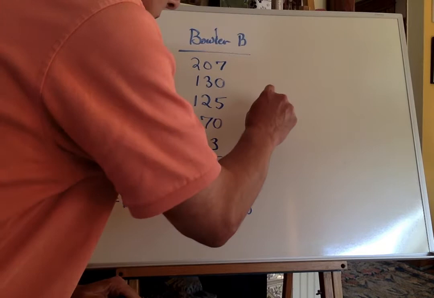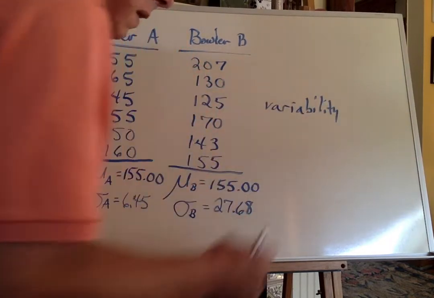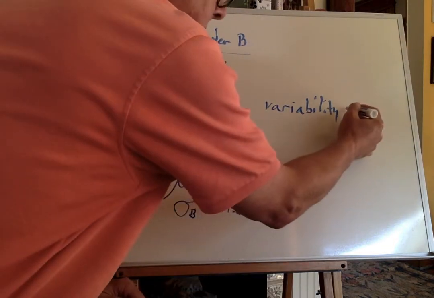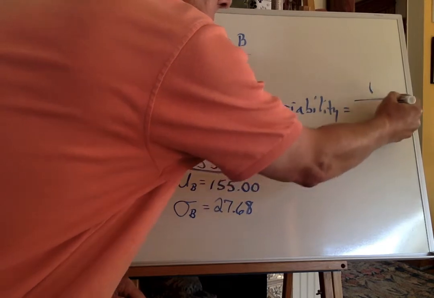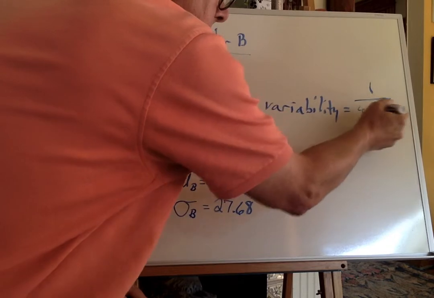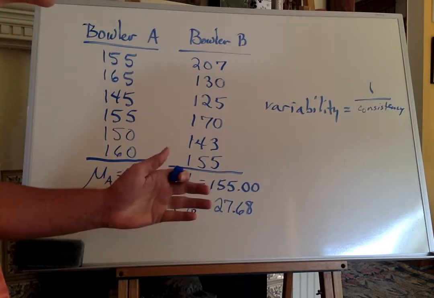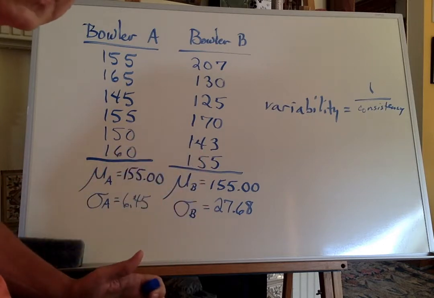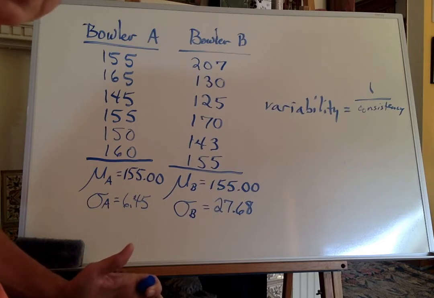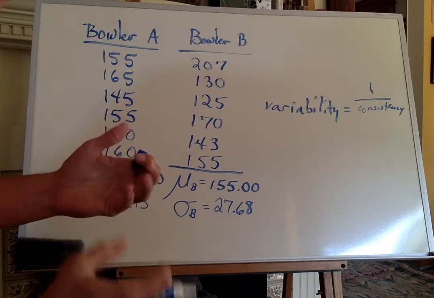So if we talk about variability as a concept, we can talk about it as the inverse of consistency, okay? That is, if you're more consistent, you're less variable. Or if you're less variable, you're more consistent, right? So it's this inverse relationship.